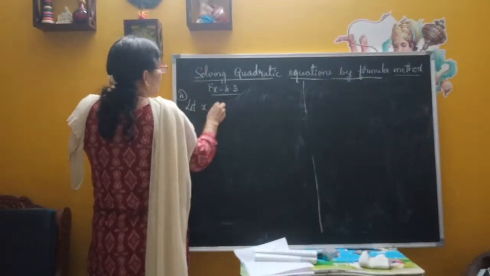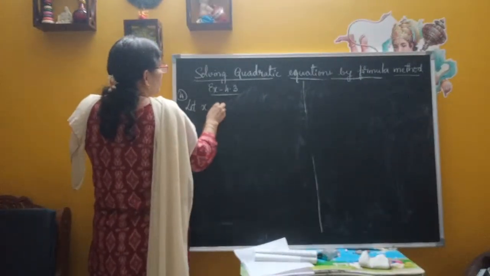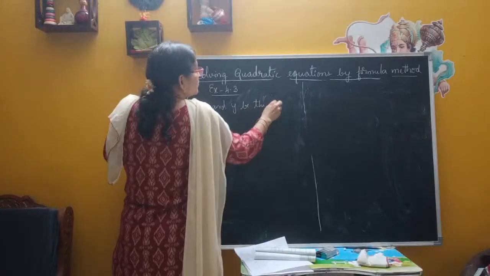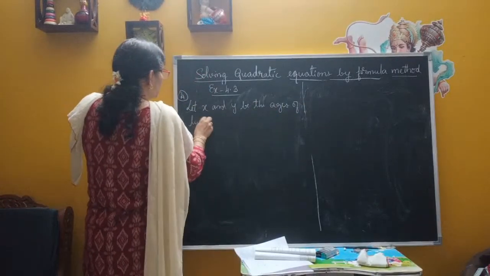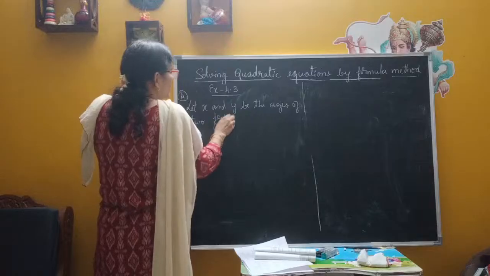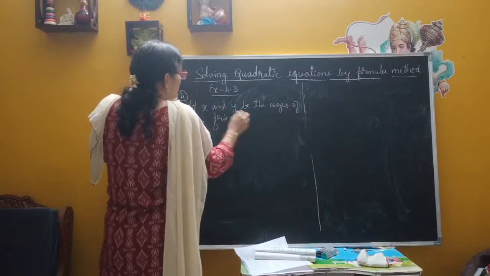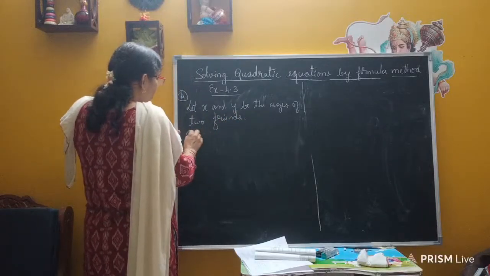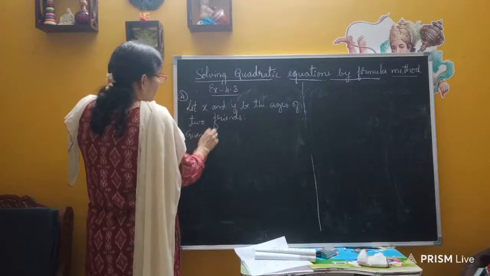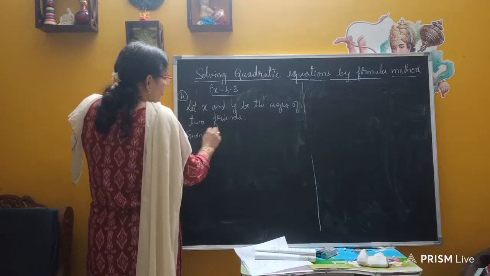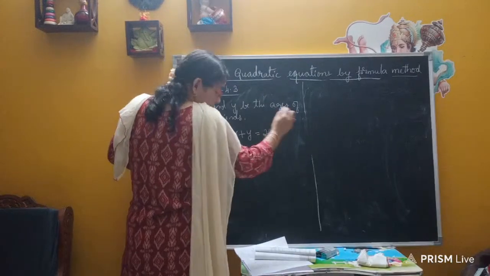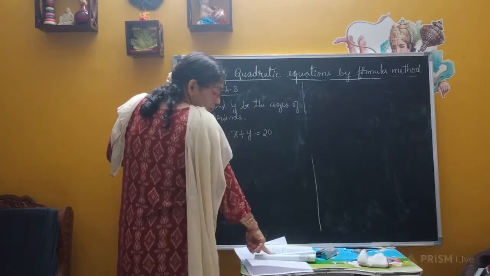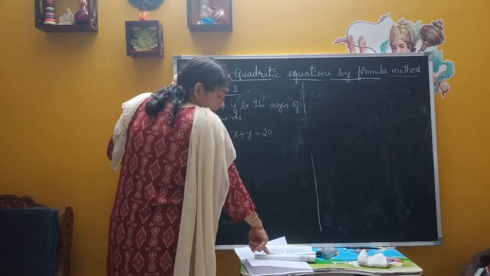Let x and y be the ages of two friends. Let us write, given that x plus y is equal to 20 years.